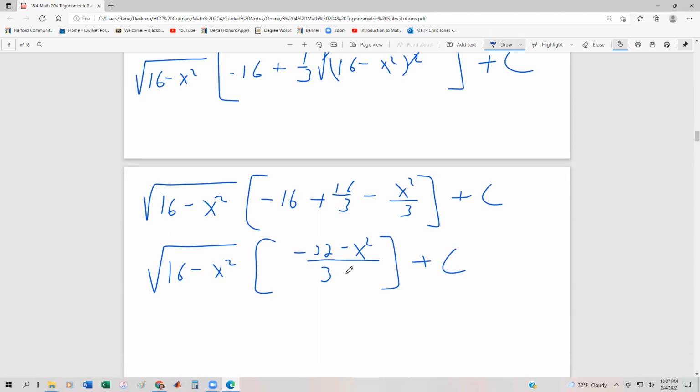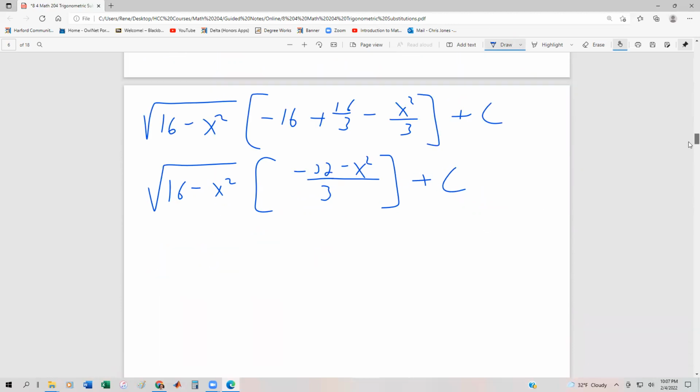And I guess technically, if we really wanted to factor out a negative 1/3 from this, probably the most factored answer we get is negative 1/3 square root of 16 minus x squared, and we would have our x squared plus 32, plus c.